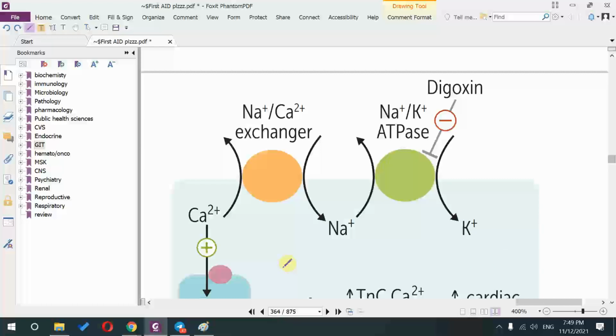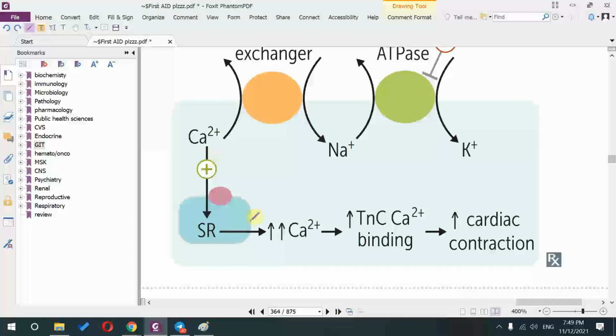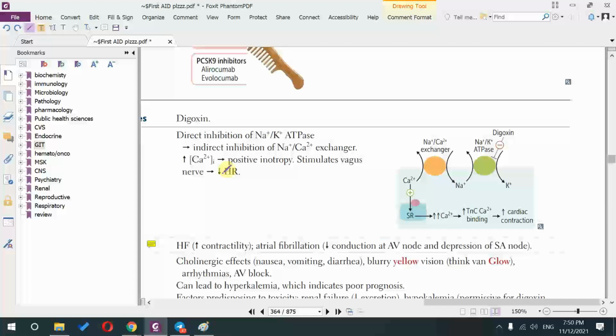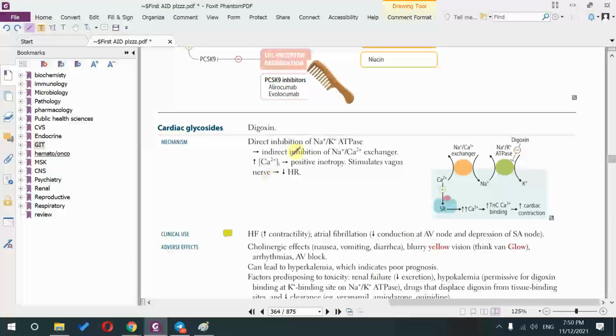So, okay, more calcium leads to calcium-induced calcium release. You have more calcium. Eventually, you will have cardiac contraction because of the increased calcium. A really long process that we'll speak about when we discuss musculoskeletal because it's also there. So, more calcium, more positive inotropy. Inotropy, what does it mean?